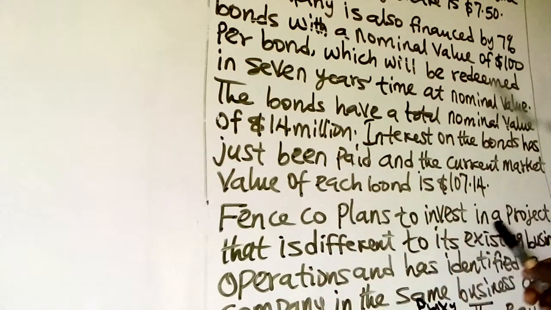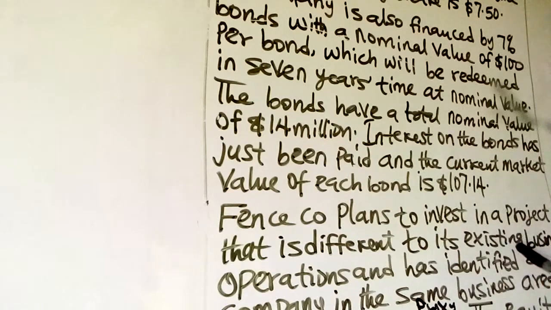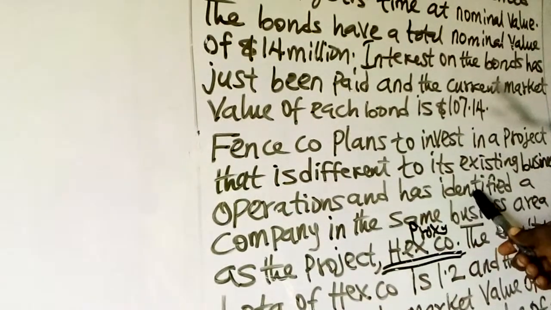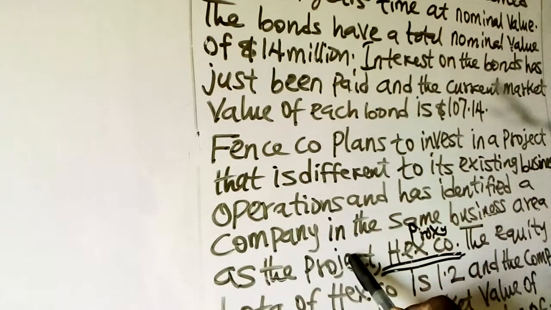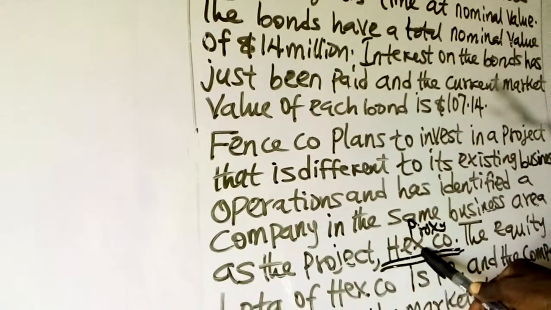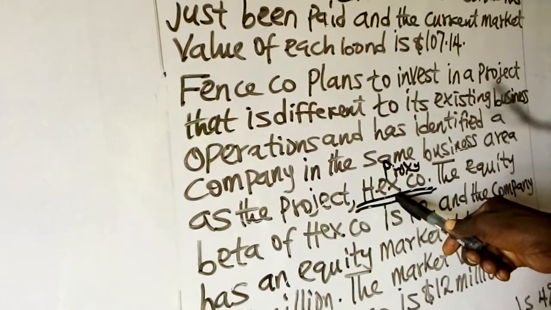Fesco is planning to invest in a project that is different to its existing business operations and has identified a company in the same business area as the project. That is why we say Fesco is the project company, because it's Fesco that is in the same business area as the project.